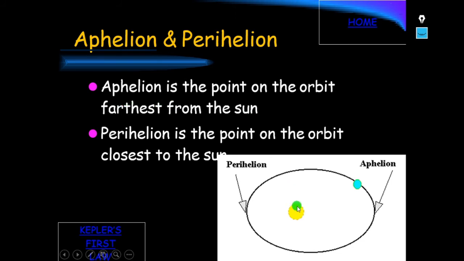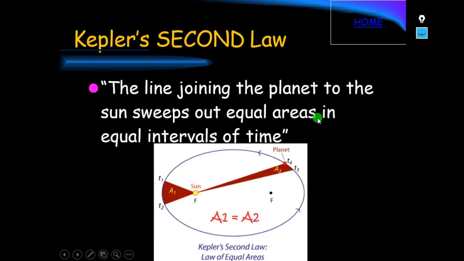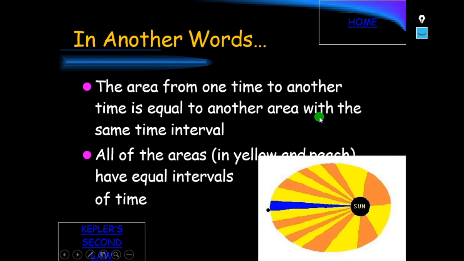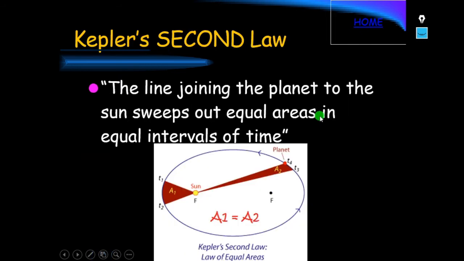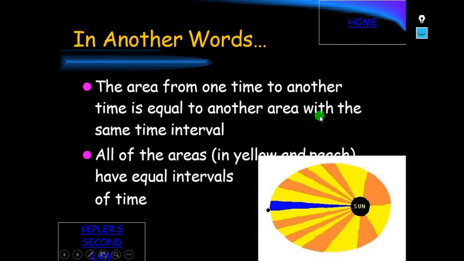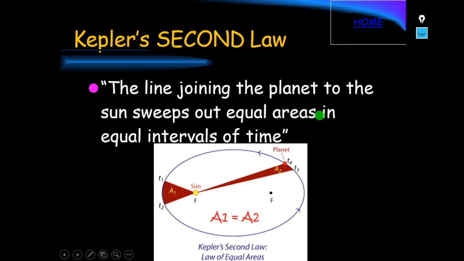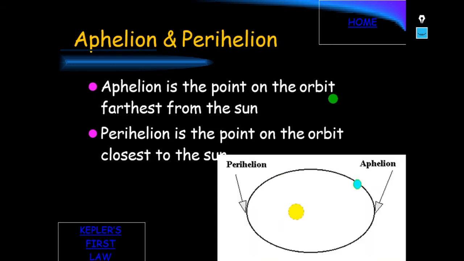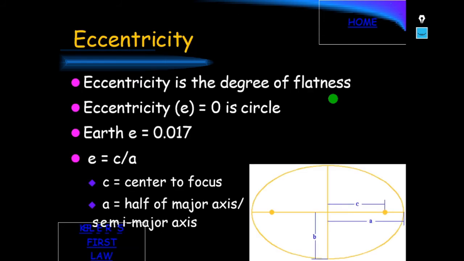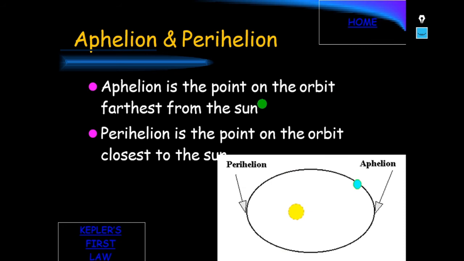Aphelion is the point on the orbit farthest from the sun.